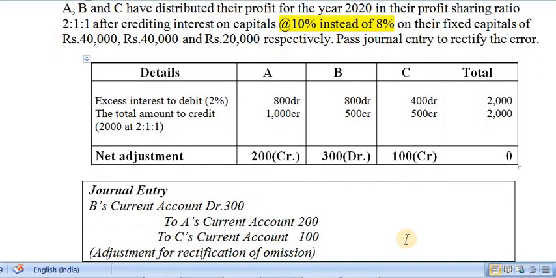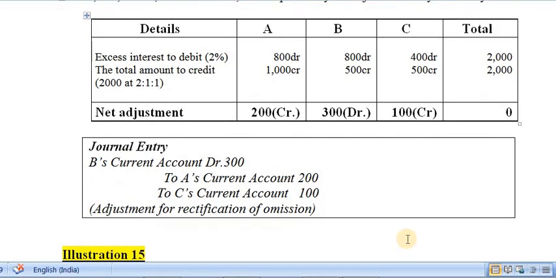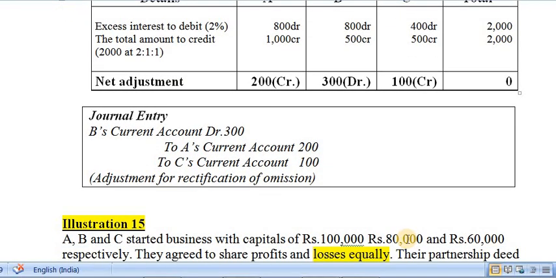So that is the journal entry. B's current account debtor 300 to A's current account 200 and C's current account 100. I hope this is clear now.